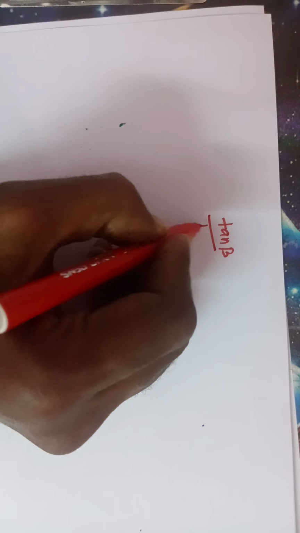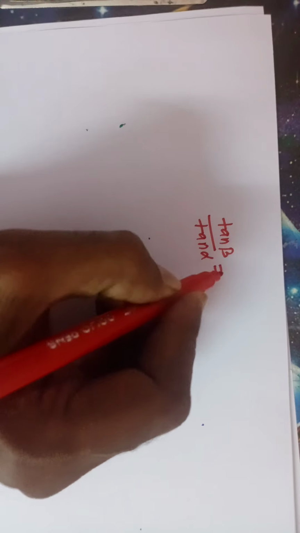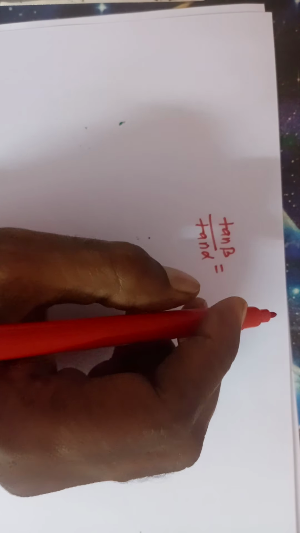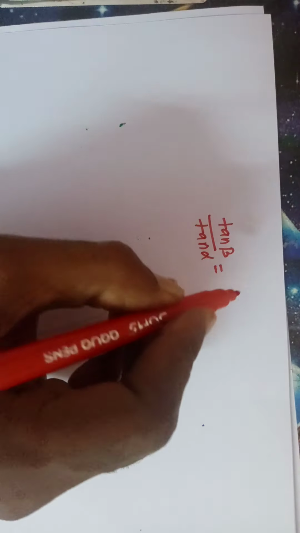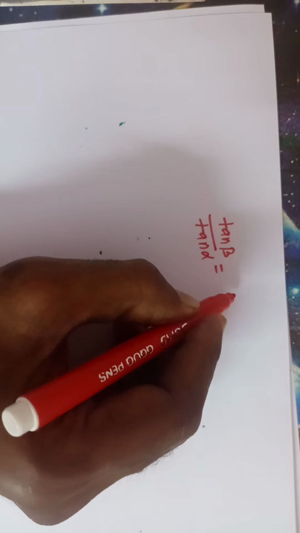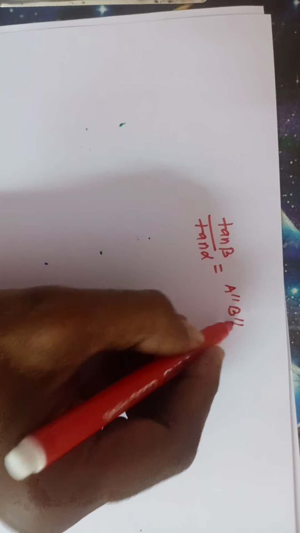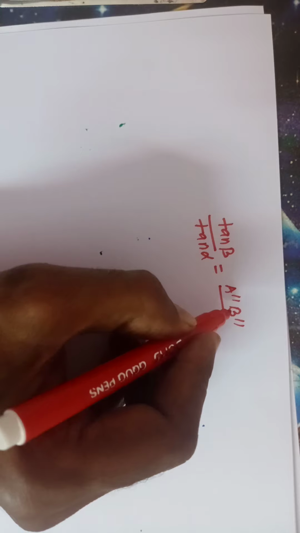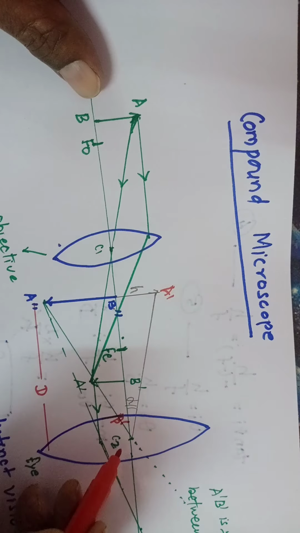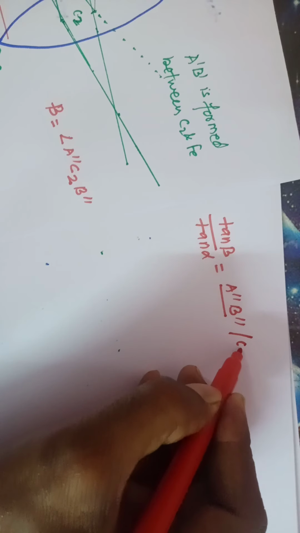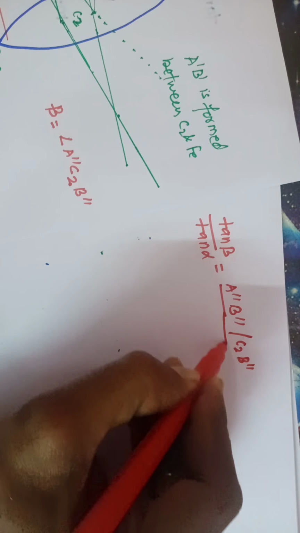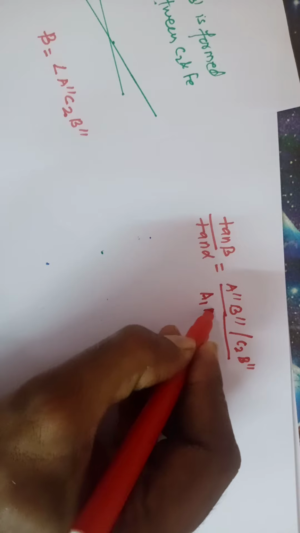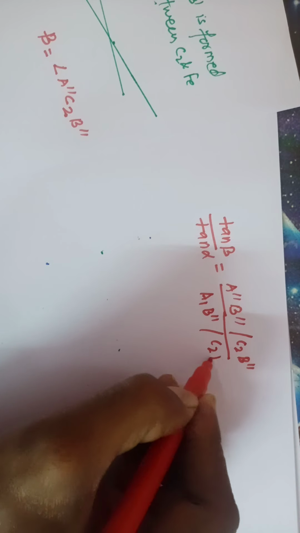Tan beta is A double dash B double dash upon C2 B double dash, and tan alpha is A1 B double dash upon C2 B double dash.